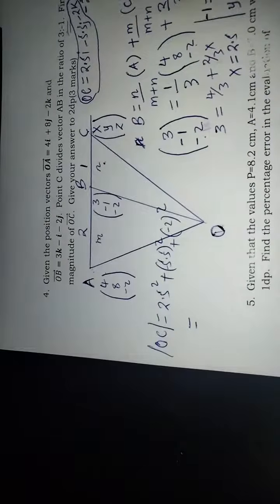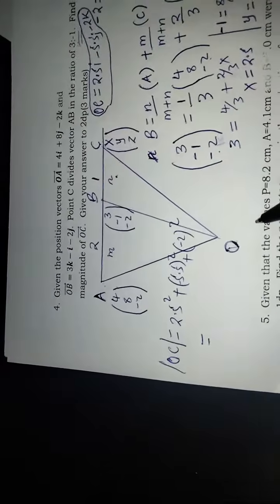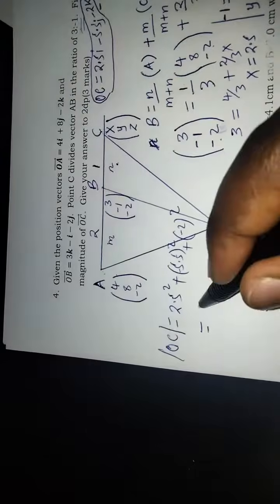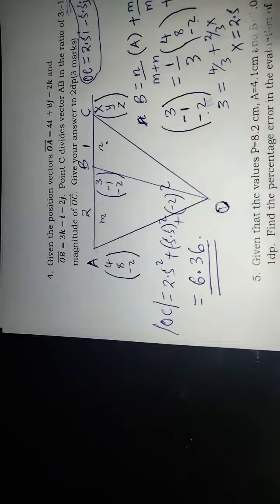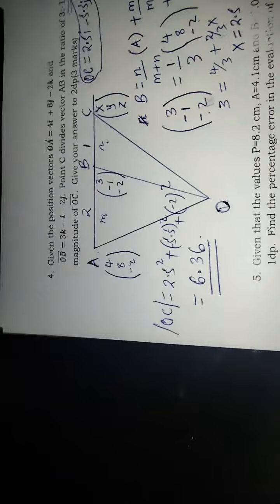To get the length, we just square each component. Then I carry out the square root. This will give us, remember we've been taught 2 decimal places, 6.36 units. So that is the length of vector OC.